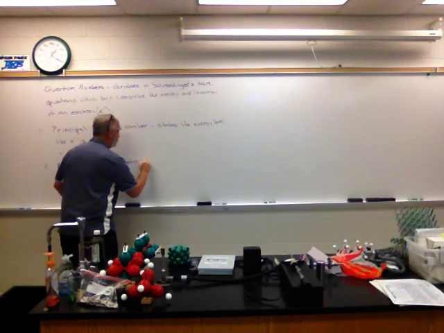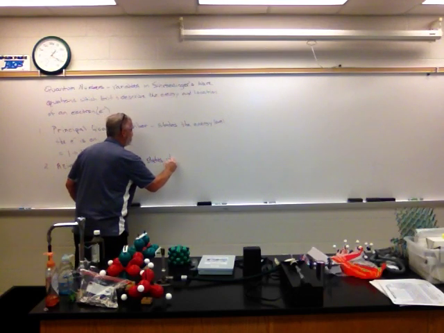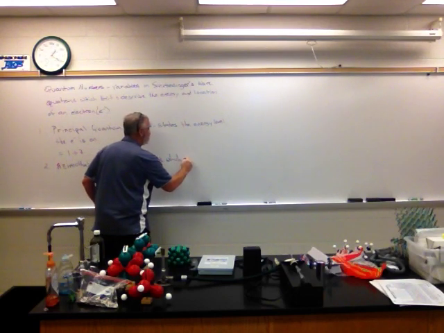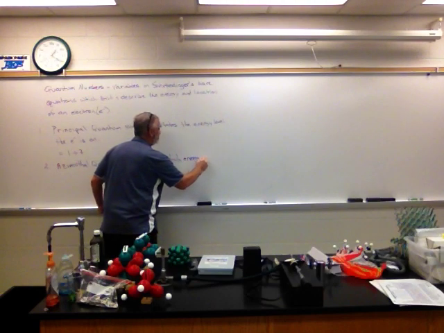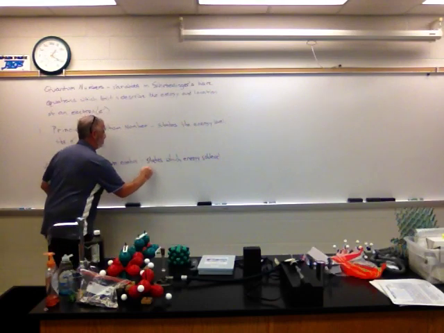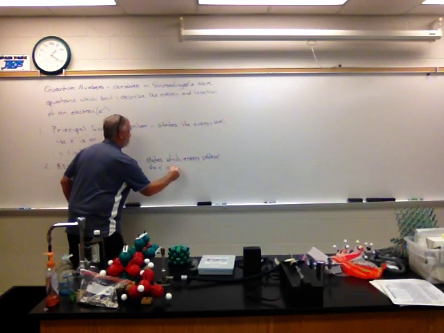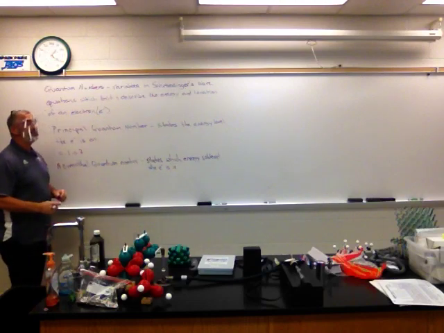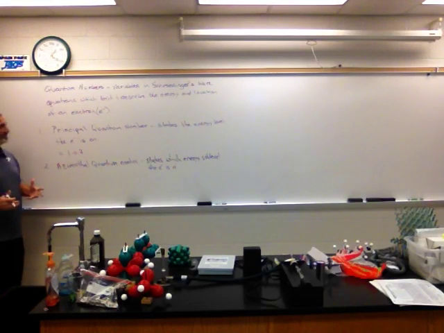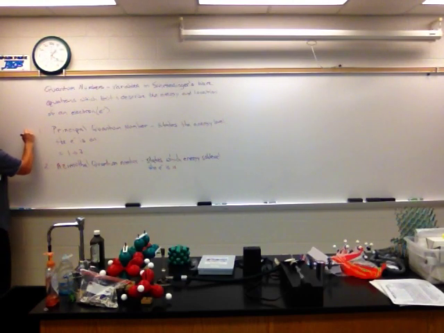Okay? So it states which energy sublevel the electron is in. Now there are going to be 4 main sublevels. The value of the azimuthal quantum number, oh, and by the way, we use n to represent the principal one.